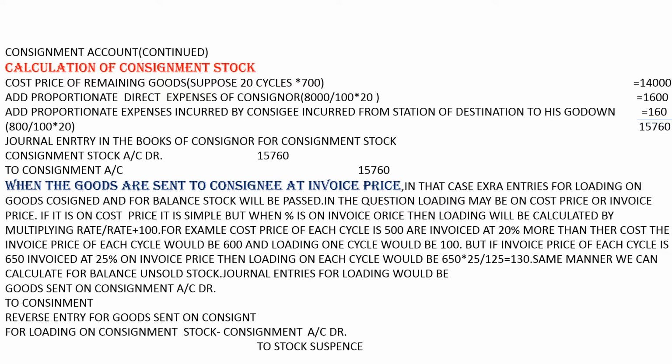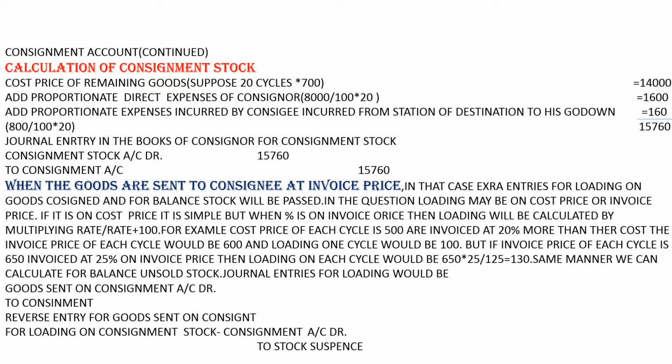For example, the cost price of each cycle is 500, and they are invoiced 20% more than the cost price, then we can find the loading easily. Cost price is 500, 20% on cost.